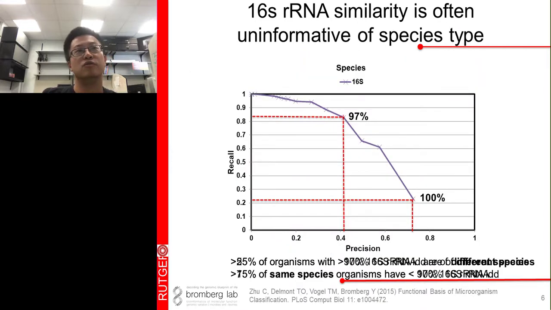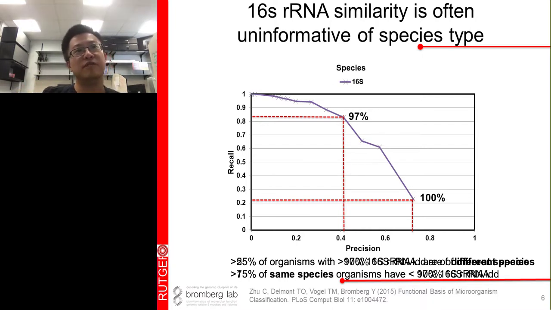In order to quantify how accurate it really is, here is something that we did. We collected 1,400 bacterial genomes from NCBI, which covers the main domains of bacteria. Then I compared the 16S sequence identity across every single pair of these organisms and used that to predict whether these 2 organisms are of the same species or not, and measured the performance based on different cutoffs I chose.